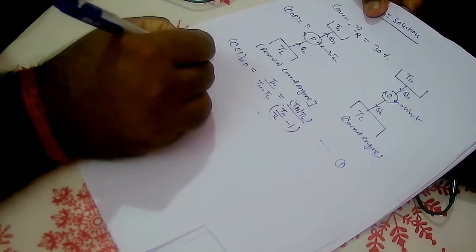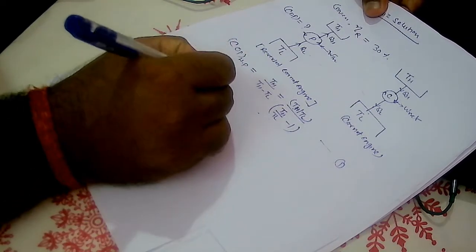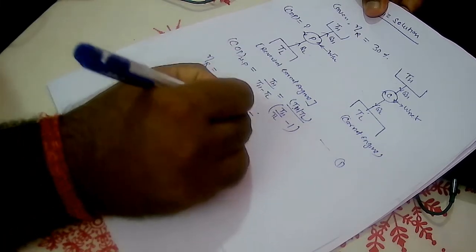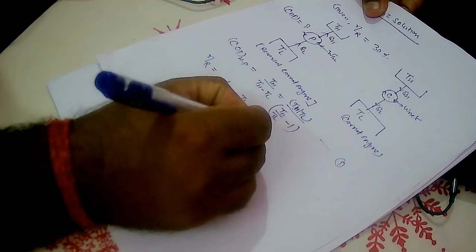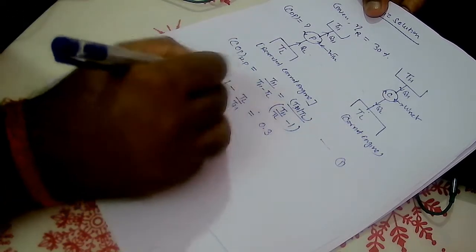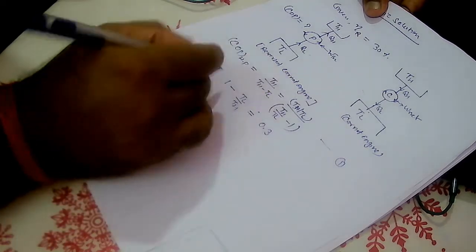Now go to the Carnot engine. For the Carnot engine, we can write efficiency reversible is equal to 1 minus T lower divided by T higher, which is given as 30%, so 0.3.